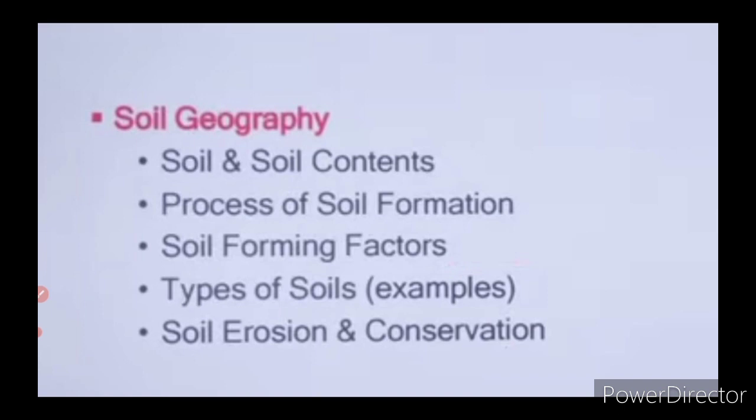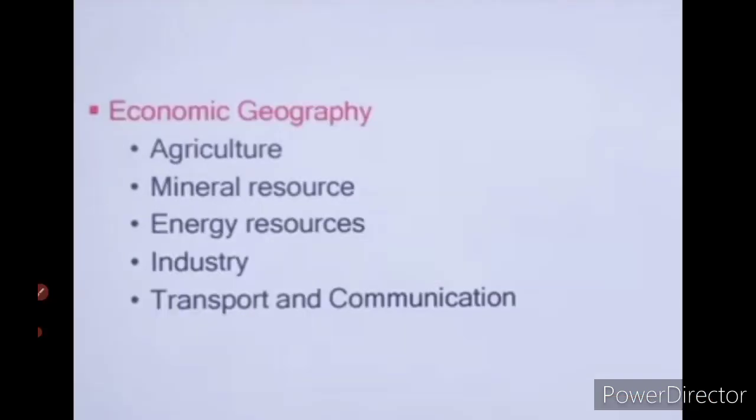Then soil erosion and conservation, so erosion, everyone knows that the removal of the topmost layer is known as soil erosion. And how can we save soil? Conservation means to save the soil, basically how can we conserve it. And in examples of soil, you can have any example because there are a lot of soils.